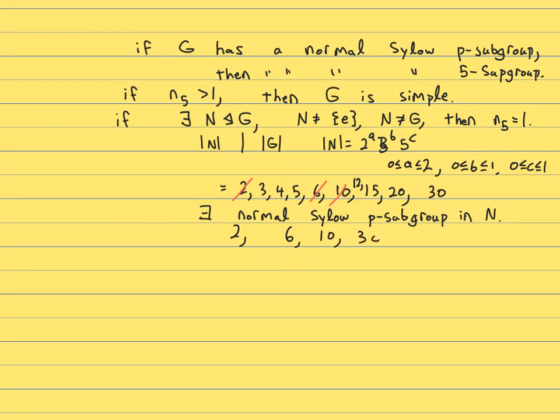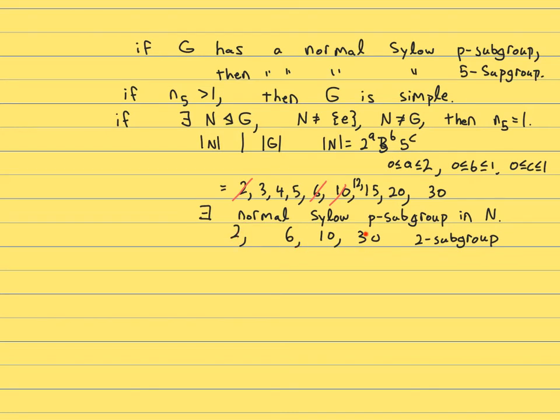And you're talking particularly about the Sylow 2 subgroup. But in these cases, you can check that actually you have a normal Sylow 3 subgroup, a normal Sylow 5 subgroup, and a normal Sylow 5 subgroup. So then the only issue is when this normal subgroup has size 2.